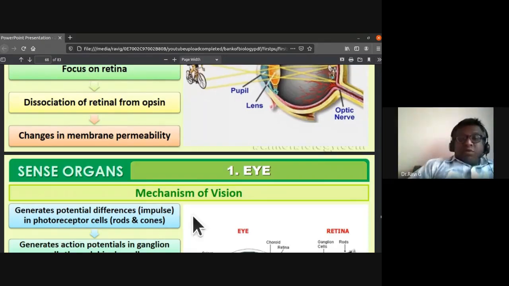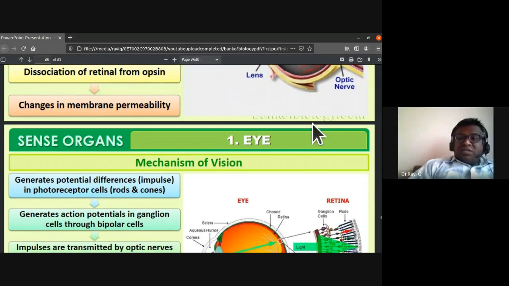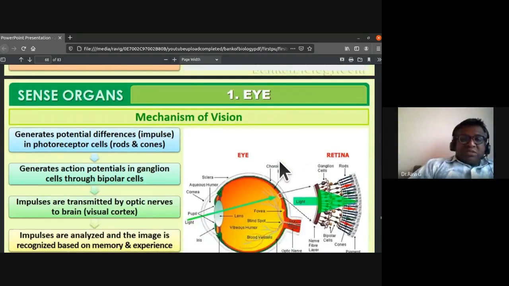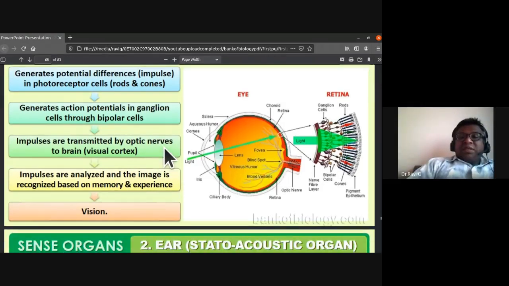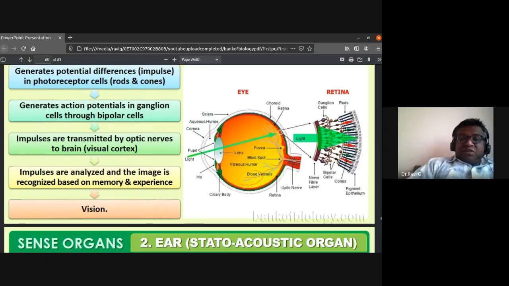Further, it generates a potential difference, an impulse, in the photoreceptor cells, rods and cones, and generates action potential in ganglion cells through bipolar cells. Impulses are transmitted by the optic nerves to the brain, the visual cortex.